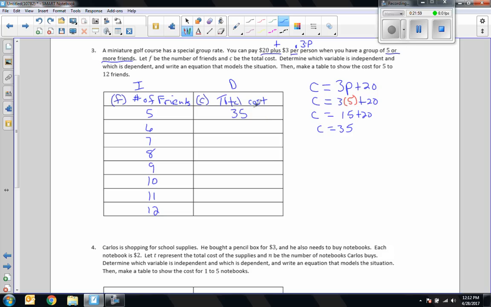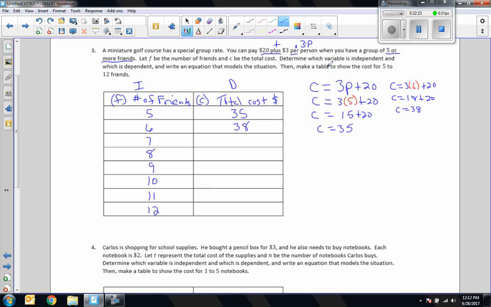I should say the total cost in dollars here, so I don't have to write dollars every time. So that's $35. Then if I plug in 6, C equals 3 times 6, plus 20. So C equals 18 plus 20, C equals 38.